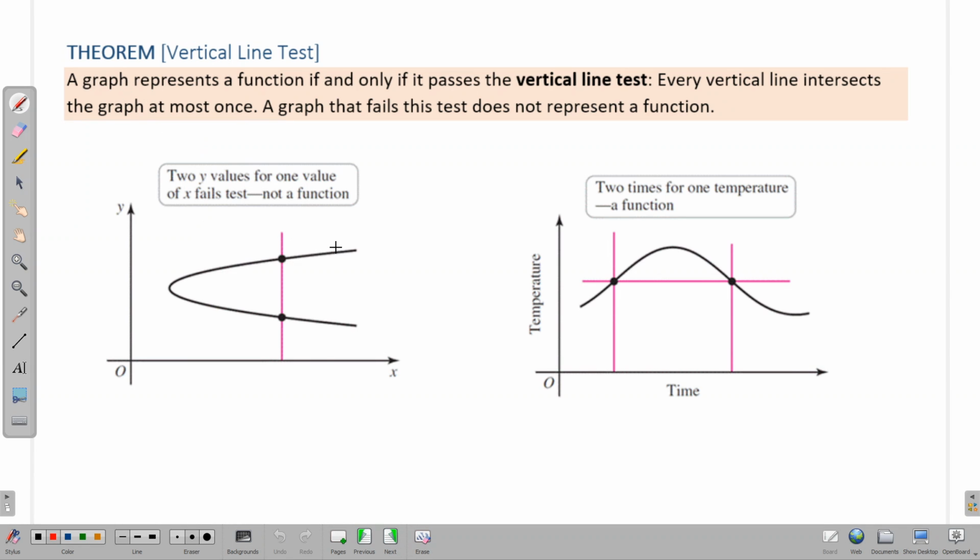Okay, a lot of times our functions are going to be represented with graphs in the xy plane. And we said we're typically going to have x being the input, and we're going to have y being the output. And we said in order to be a function, if you pick any input value, let's actually do it over here with this one. So let's say this is my input value. It can be mapped to one and only one output value.